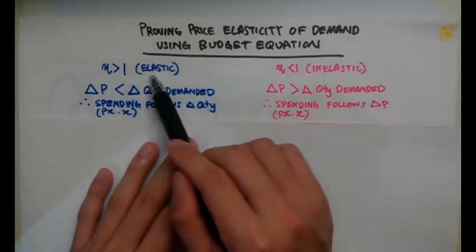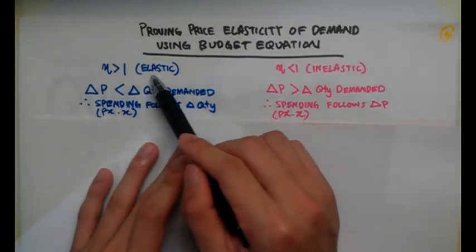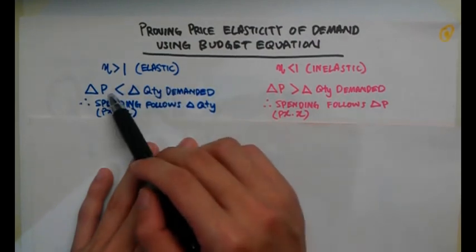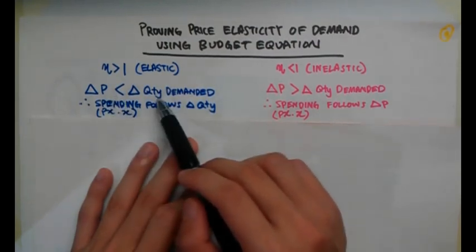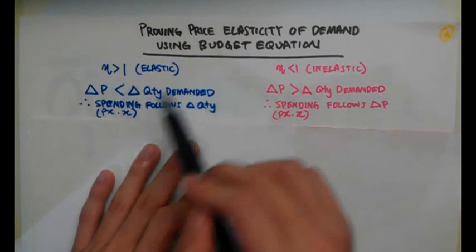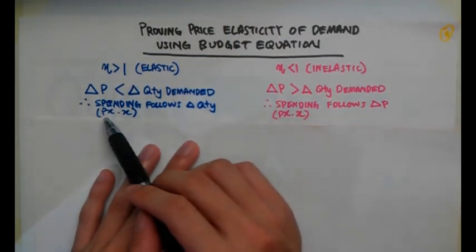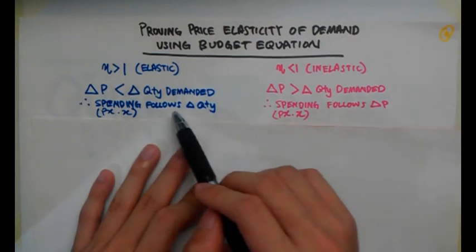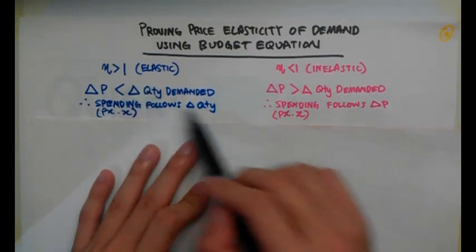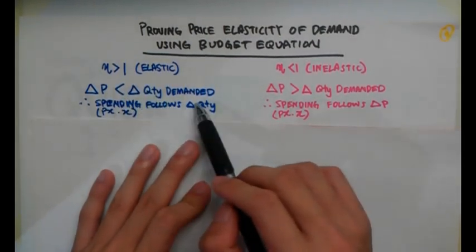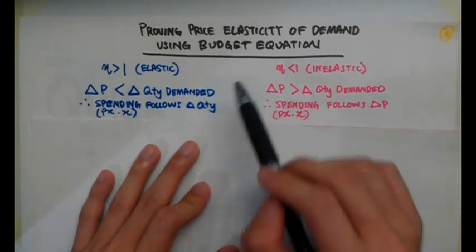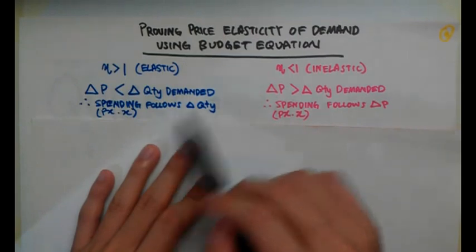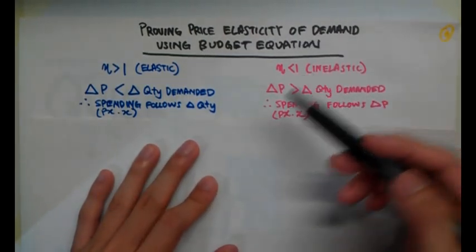That's because if it's elastic, it shows that the consumer is sensitive to price. Therefore, a small change in price will cause a big change in the quantity demanded. And the consumer spending, which equals price of X multiplied by X, follows the direction of change of the larger component, which is quantity demanded. So for example, if the quantity demanded has dropped, that means spending has dropped. And likewise the other way around.